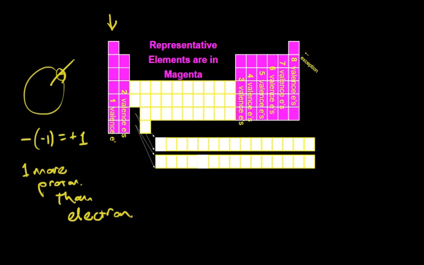If something has 1 more proton than electron, that means it has an overall +1 charge. That's true here, this is going to be +1, and it's true for the next group or family over, the alkaline earth metals. If you have 2 valence electrons, this is going to be a +2 charge. It turns out that this will be a +3 charge right here.